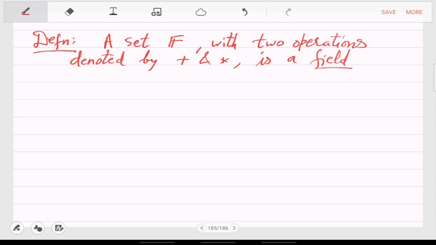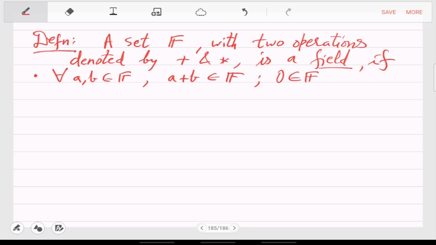So any set with two operations is called a field if these operations are nicely behaved, which is that for all elements A, B in the field, A plus B is in the field, and also minus A is in the field.